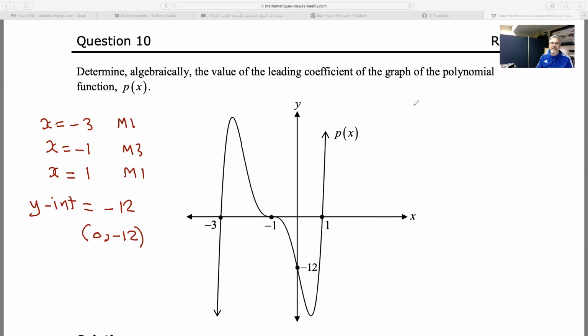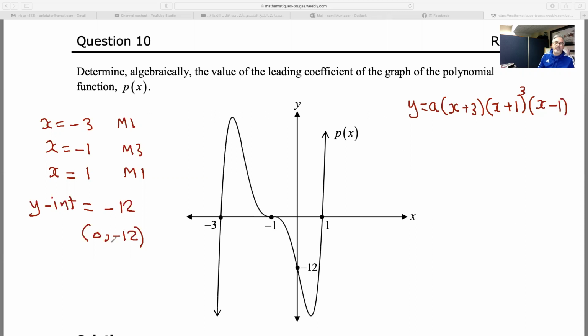If I start writing the answer for this right here, I'm going to write y equals a times x plus 3, x plus 1. And when I write x plus 1, because it's a multiplicity of 3, it means it has an exponent of 3. That's what it means. And then I have x minus 1.